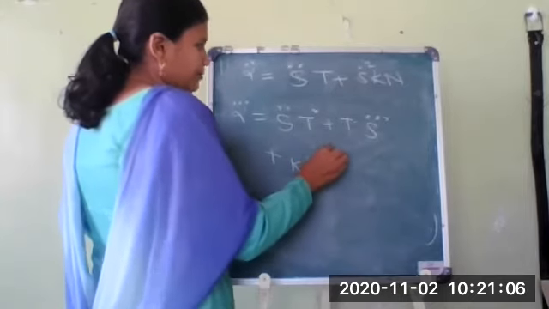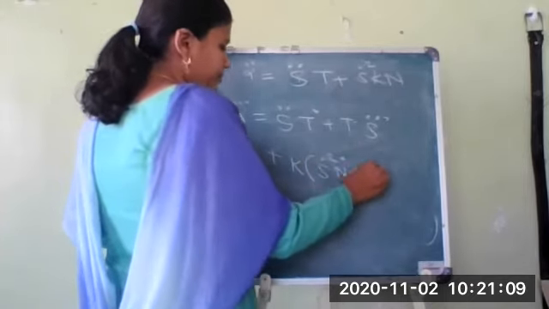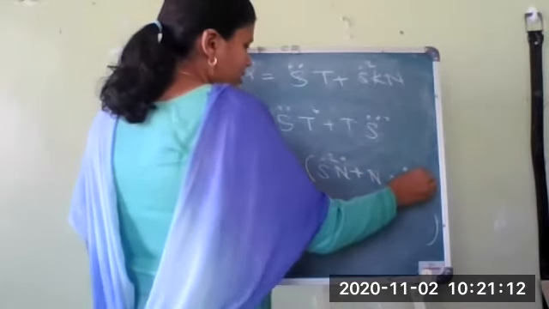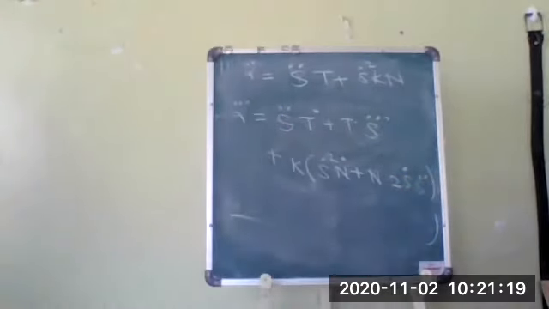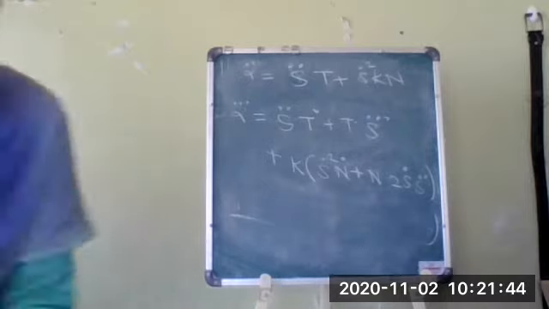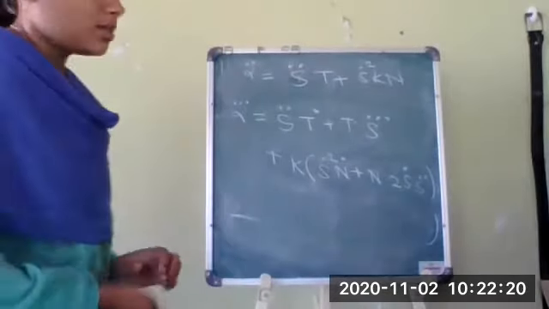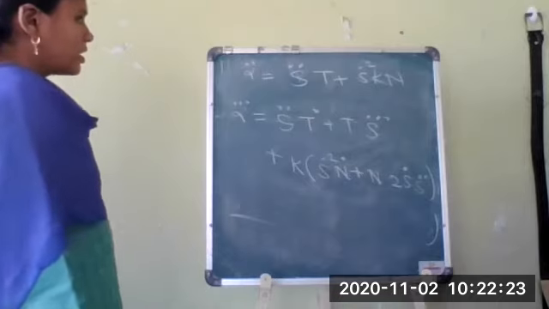Then s dot square N dot, plus N as it is, 2 s dot into s double dot. Okay, let me differentiate.